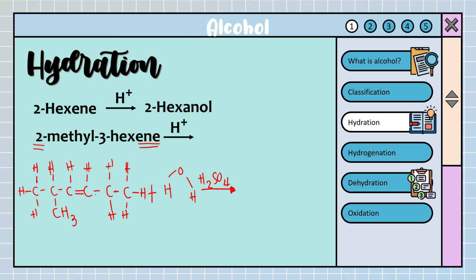So here again, the double bond will just break down. Let's draw first the 6 carbon atoms. From here, we have the methyl substituent here, and then the double bond will break down into a single bond, allowing your hydroxyl group to be bonded here, and then our hydrogen here.